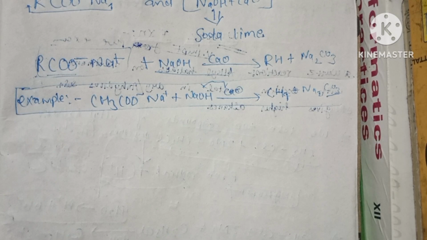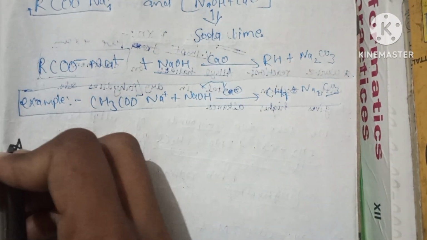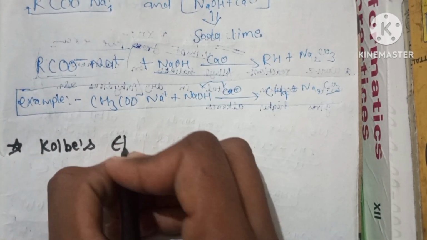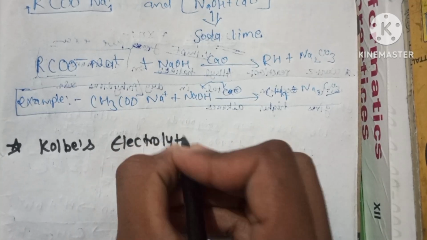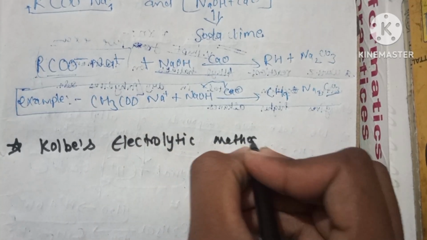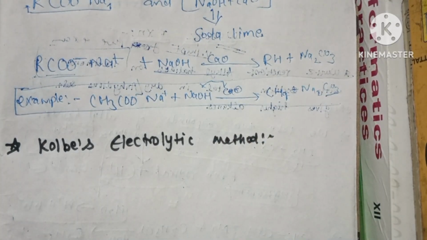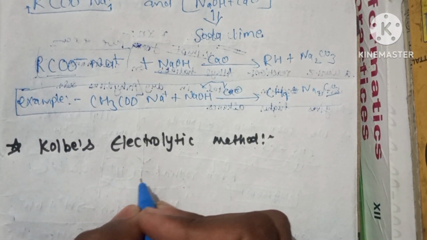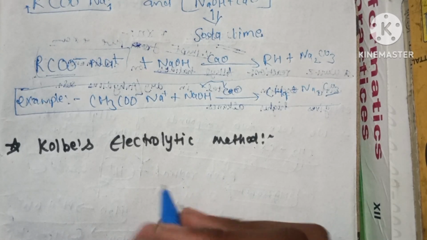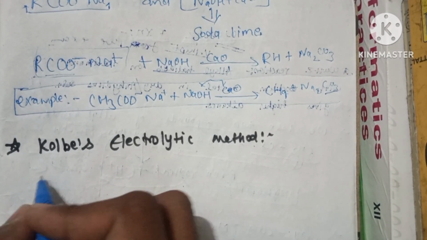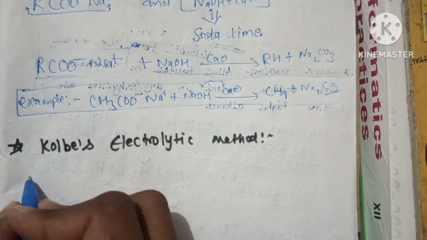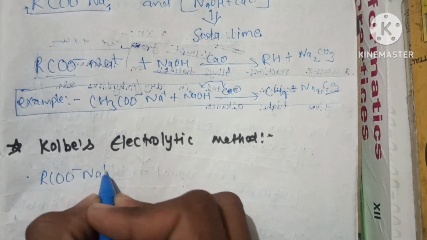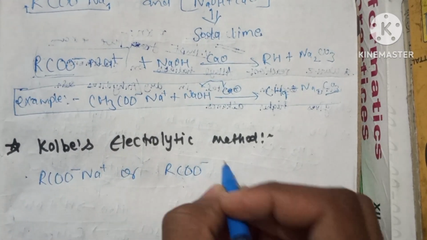Now we will see Kolbe's electrolytic method. This is also a very important reaction, Kolbe's electrolytic method to prepare alkanes. Here we take an aqueous solution of the sodium or potassium salt of carboxylic acid, RCOO minus Na plus or RCOO minus K plus.